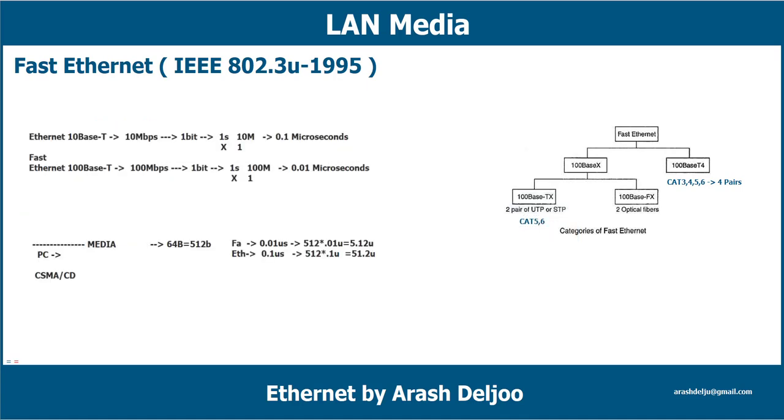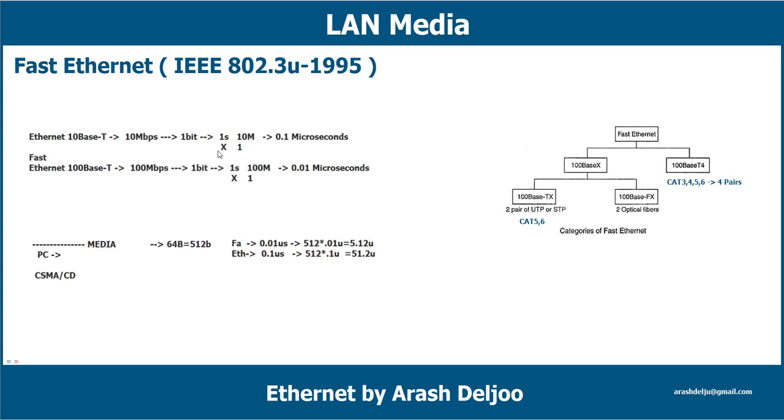Alright, now let me explain the collision delay in Ethernet and also in the fast Ethernet. You know that in Ethernet, meaning 10 base T, we use 10 megabit per second of data rate, and it means that 1 bit can be sent in, for example, 0.1 microsecond.